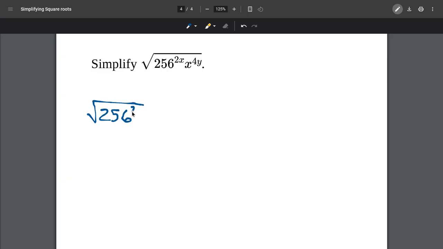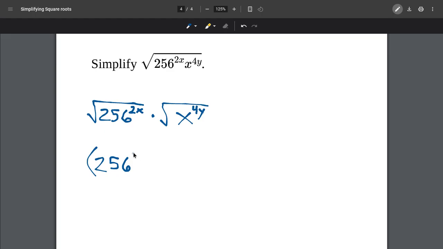to the 2x power times x to the 4y power. We're going to rewrite the square root as a fractional exponent.